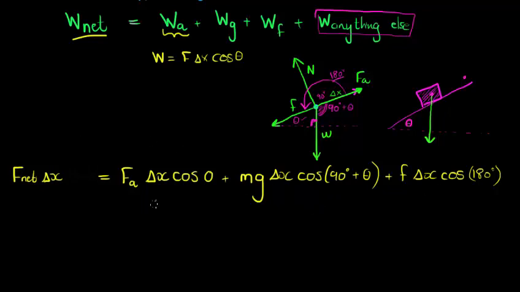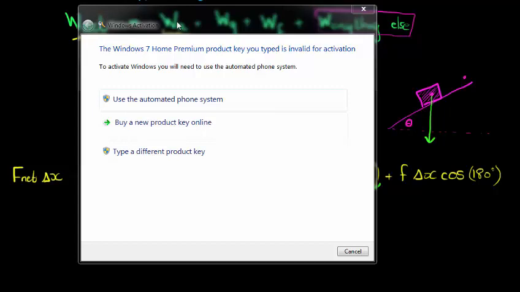However, I just want to show you this as well. In trig, we learned how to simplify this expression, cos of 90 plus theta. What does that simplify to? Sine. Not exactly. Negative sine.